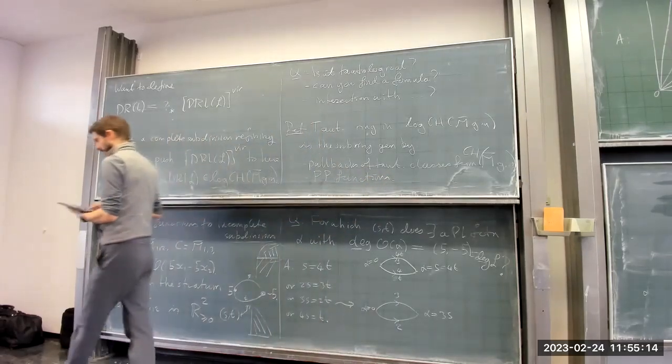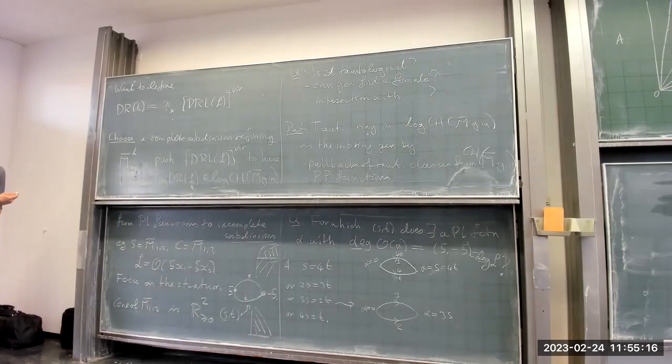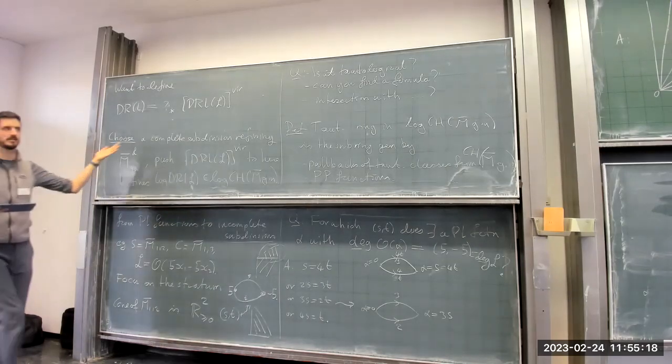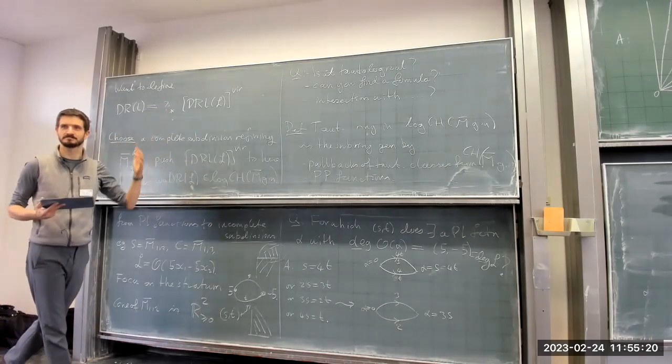And so, unsurprisingly, as we were free to choose our own definition of tautological ring, we were able to prove that the log double ramification cycle is tautological.